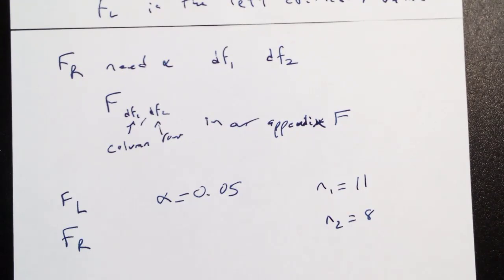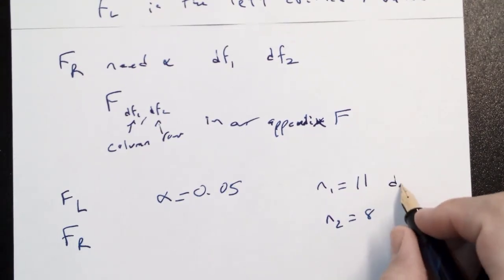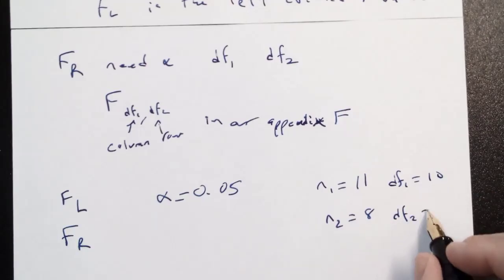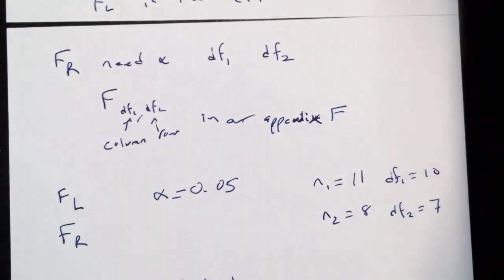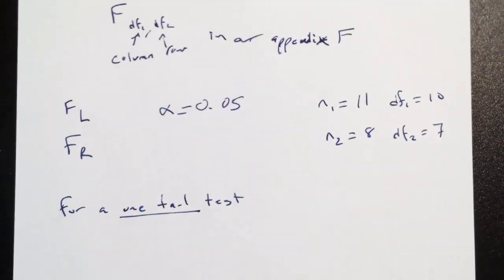What are my degrees of freedom? Now, if I am doing a one-tail test, regardless of whether that one tail is left or right, I want all the area in one tail.